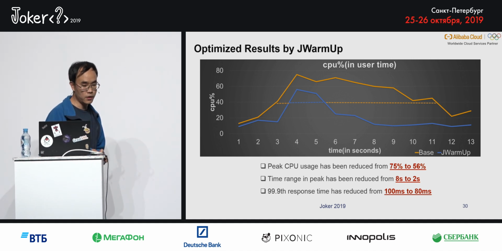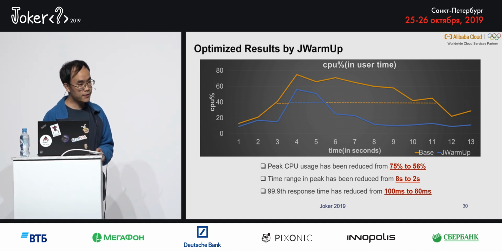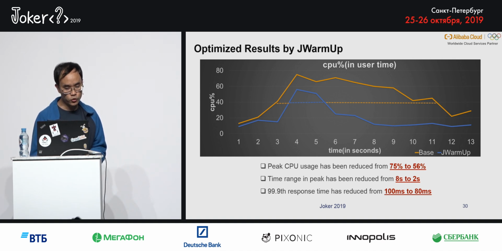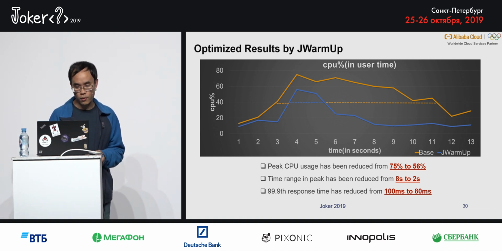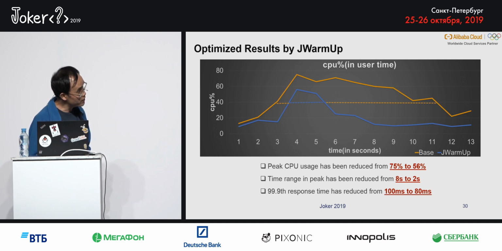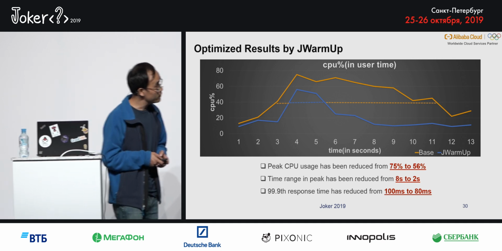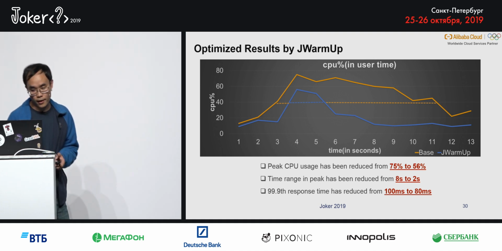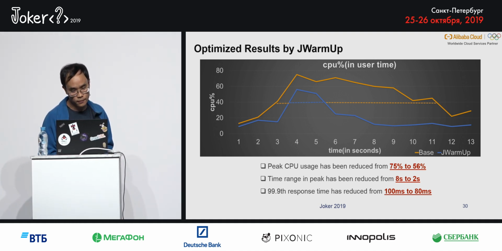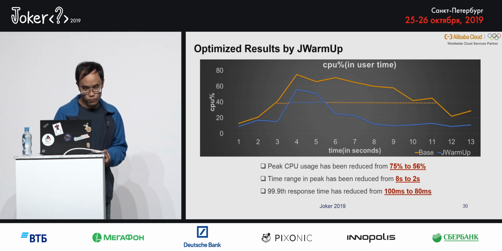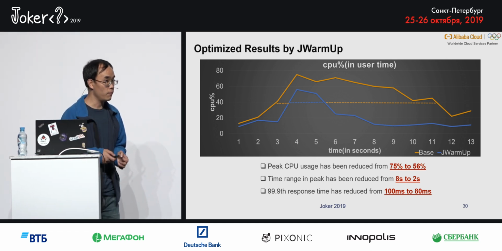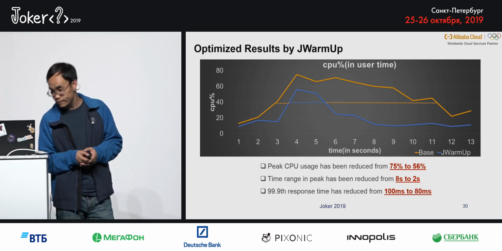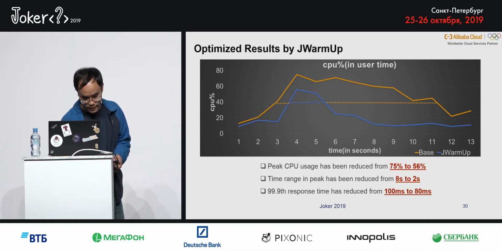Actually, the results are positive. The first thing is you can see peak CPU usage has been reduced from 75 to 56 in our situation. The time range in peak has been reduced from 8 seconds to 2 seconds. The worst response time has been reduced from 100 milliseconds to 80 milliseconds.